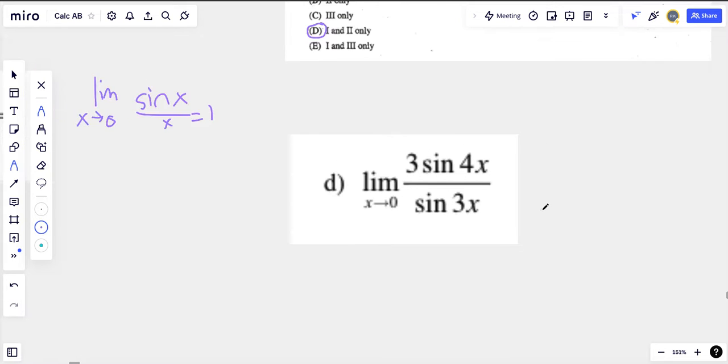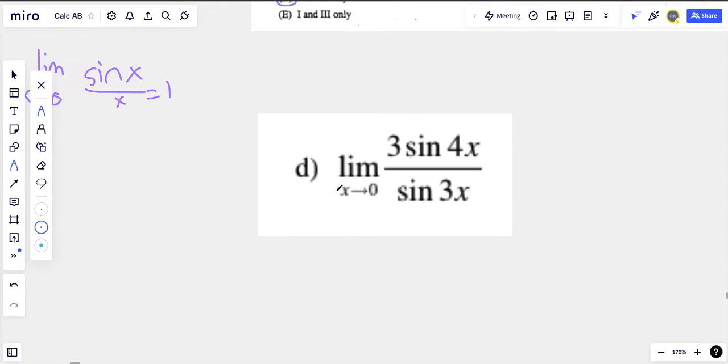So immediately we see that we can rewrite this as a limit, just to make this simpler to look at. Separate this into two things like this. So 3 over sine 3x times sine 4x. So I didn't change anything.